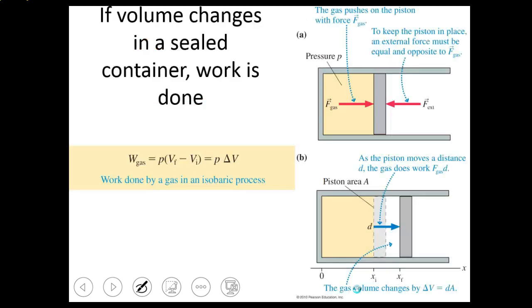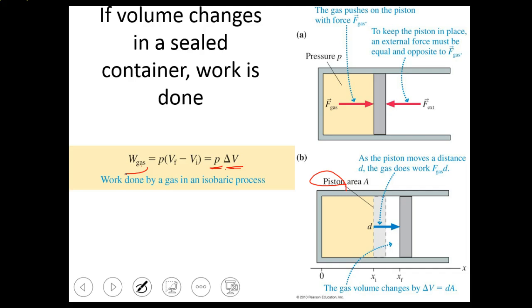What we see is that as I change the temperature of a sealed container of an ideal gas, this can actually do work. And this is the whole idea behind a piston, right? The very thing that makes your engines work. If the volume changes, well, then I've got a force times a distance, which I can talk about as a pressure times a volume, and that'll give me my work done.